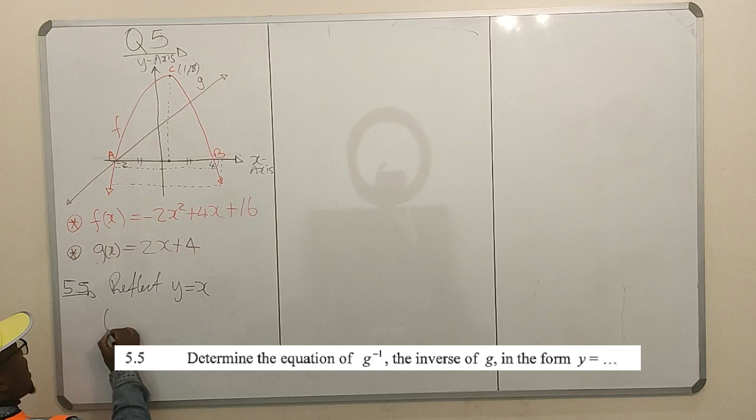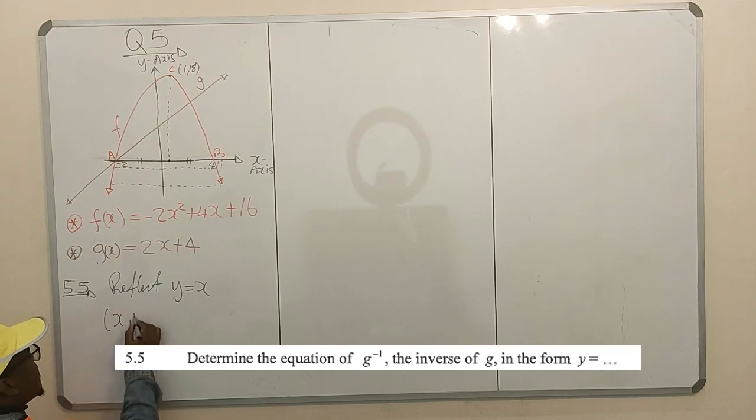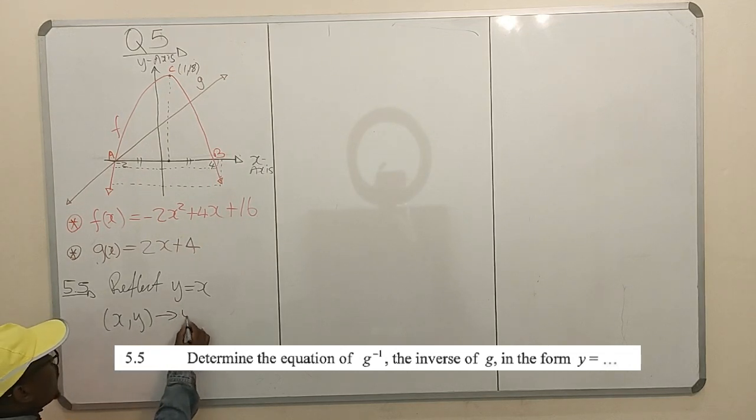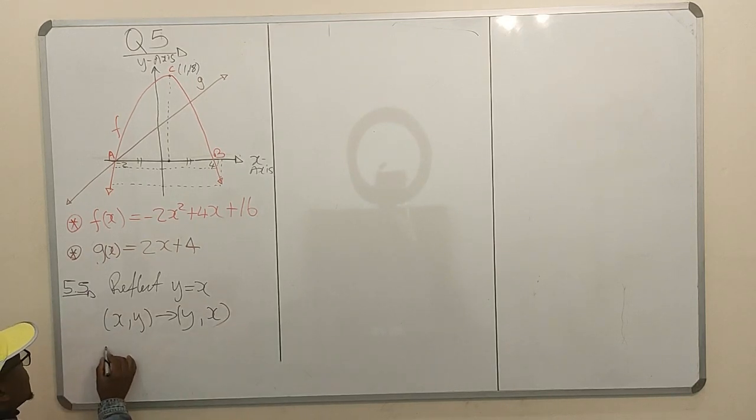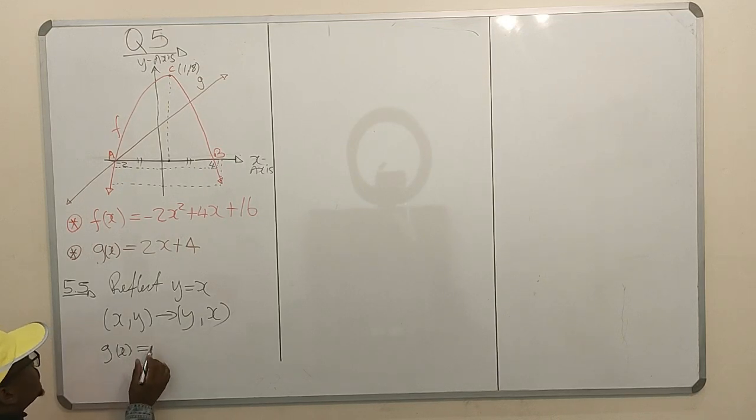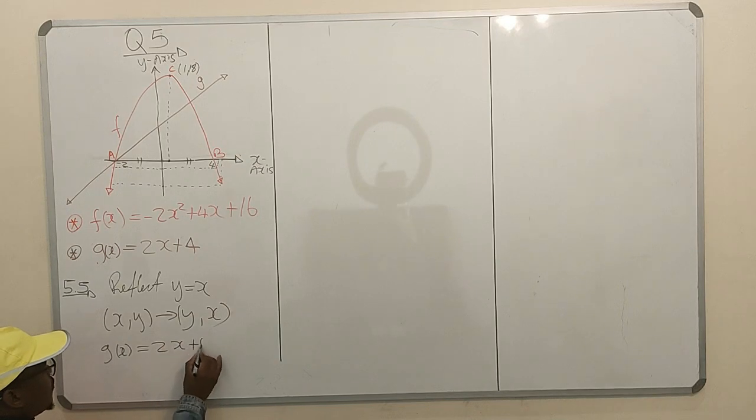So when you reflect about this line y is equal to x, your x and y become y and x, right? So now you have that your g of x is equal to 2x plus 4, right?